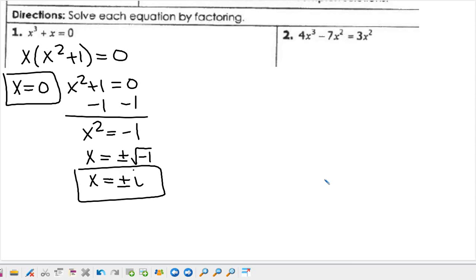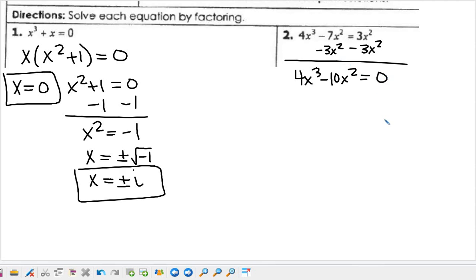Okay, so number 2. Before we can do anything else, it has to be set equal to 0. So I'm going to move my 3x squared. So I have 4x cubed minus 10x squared is equal to 0. It's not a difference of squares, it's not a difference of cubes because this is a 3, this is a 2. So I'm going to go with the GCF first. So I know 4 and 10 have a GCF of 2, and I can take out x squared.